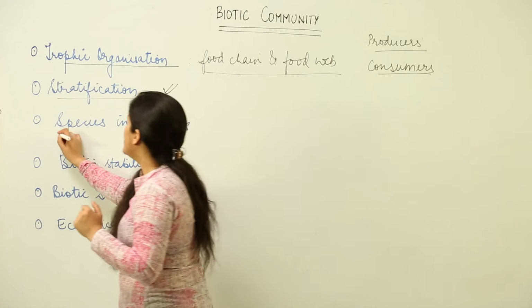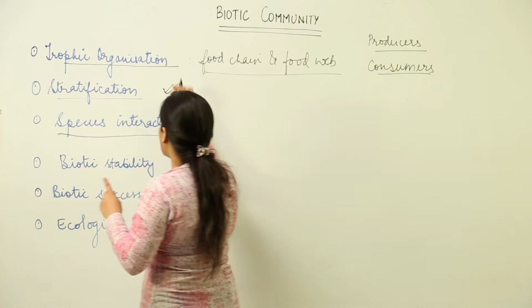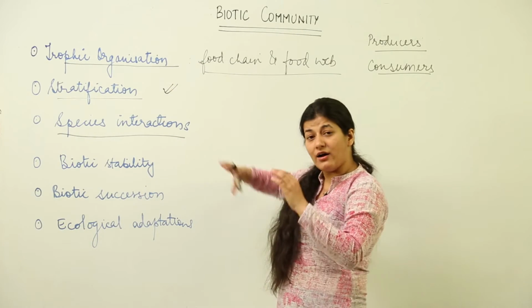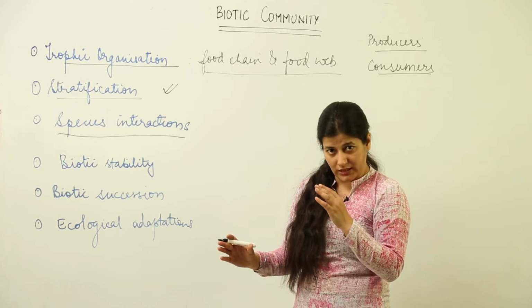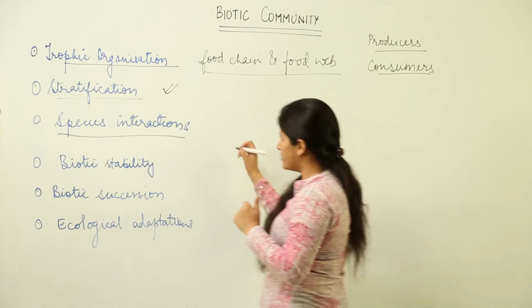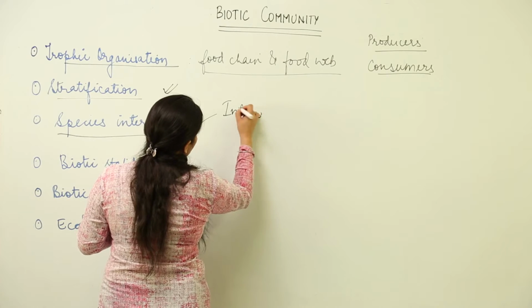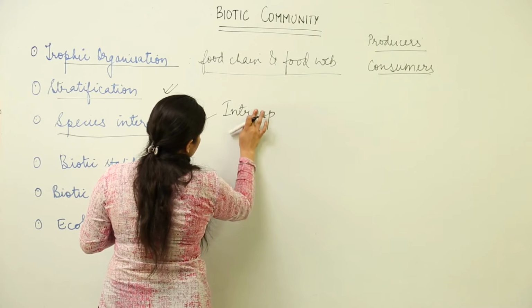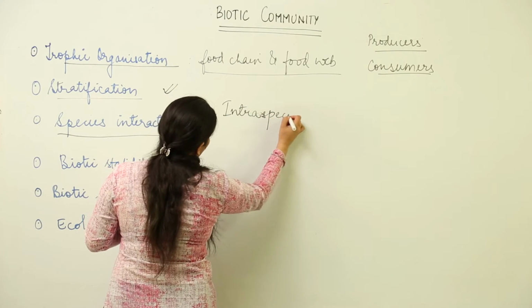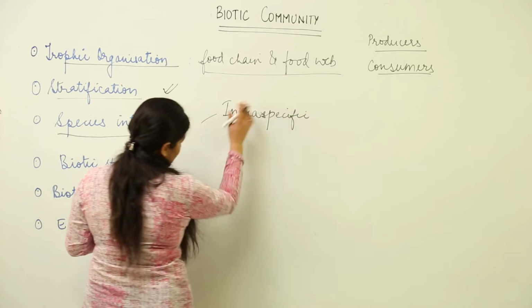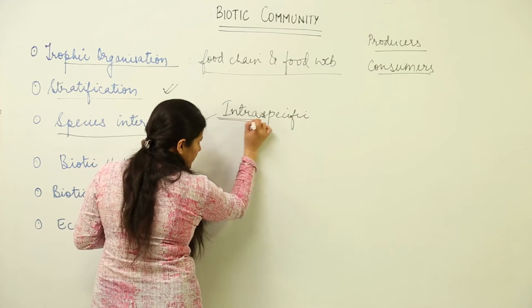Then we have, within the ecosystem, apart from the organizations, how the species are interacting within themselves. Talking about species interactions, we have intraspecific interactions and interspecific interactions. Intraspecific interactions, as the name suggests, intra means within the species.